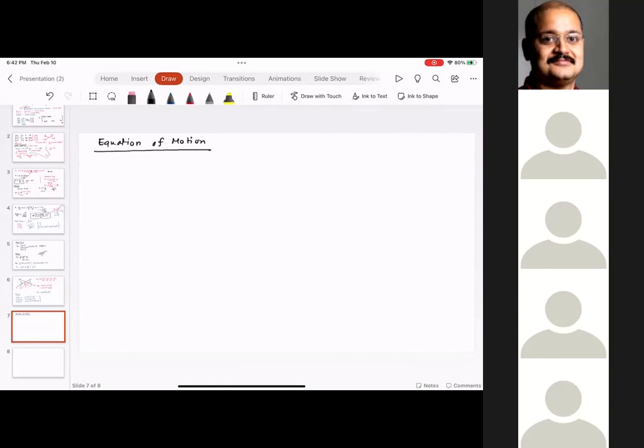The rate of change of linear momentum, d by dt of mv, is equal to force. Do you agree with me? And the rate of change of angular momentum is torque.